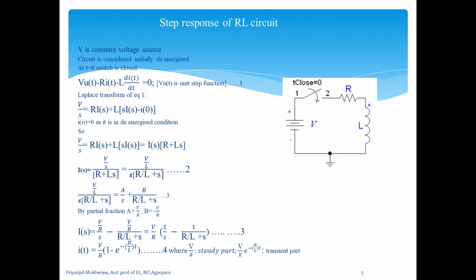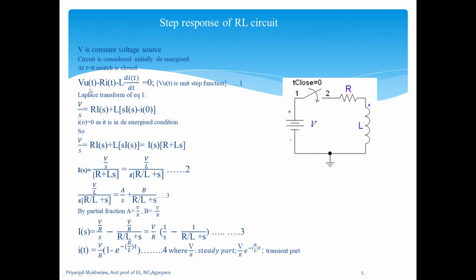So, here we are considering a series RL circuit, and we are considering that initially this RL circuit is de-energized, and V is the constant voltage source, and at t equal to 0, the switch is closed, and when the switch is closed, the voltage supply is connected to this RL circuit.